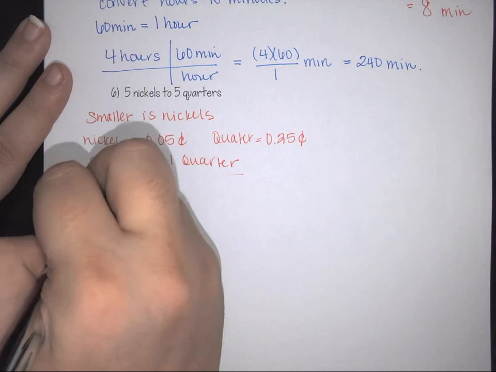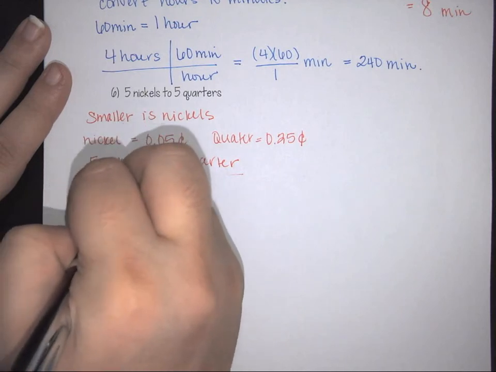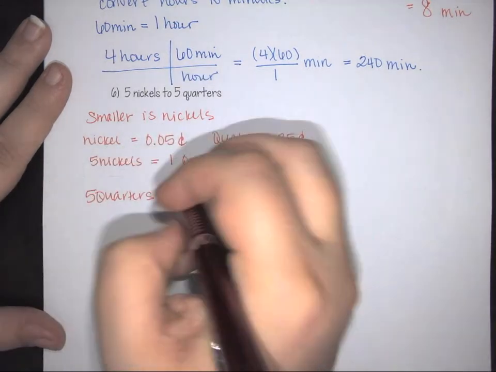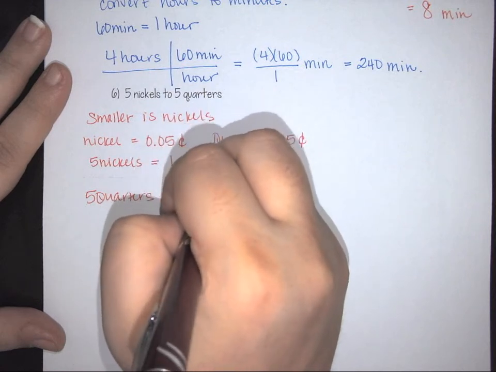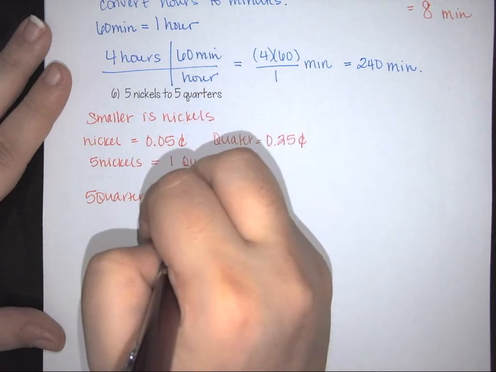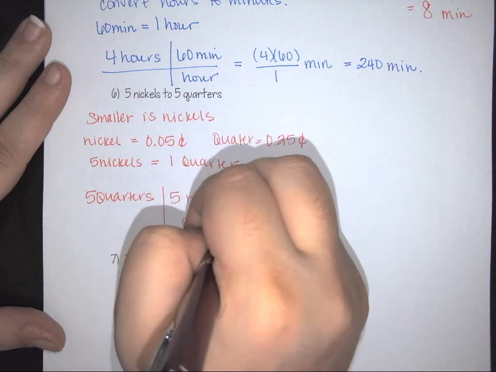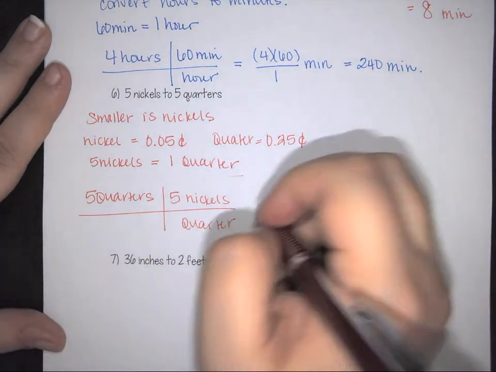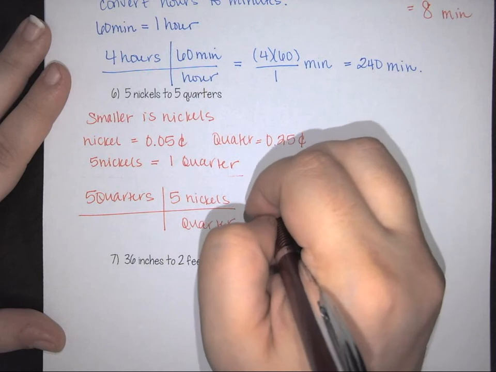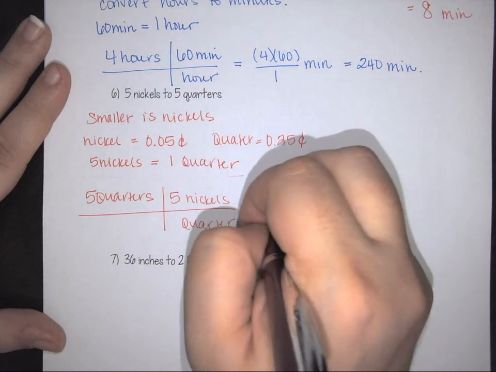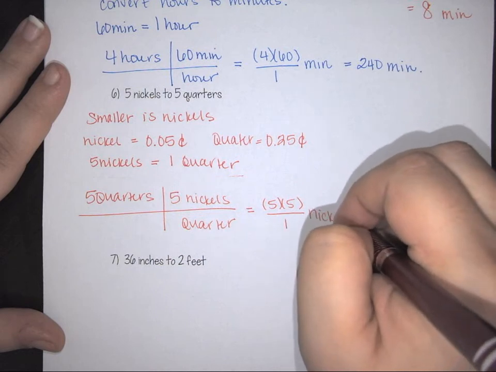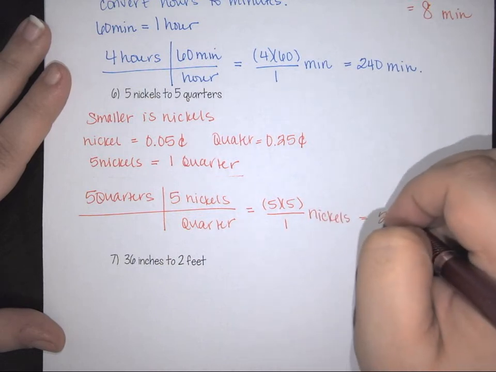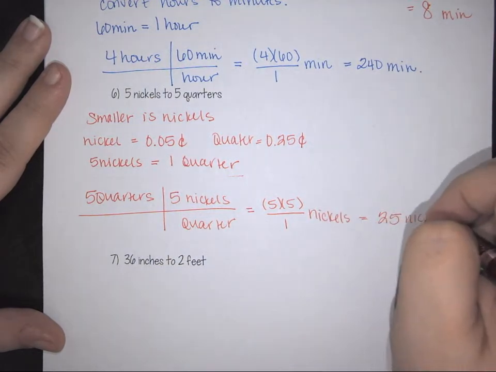So I have 5 quarters, and I need to convert to nickels per quarter, which is going to give me 5 times 5 over 1 nickels, which is the same as 25 nickels.